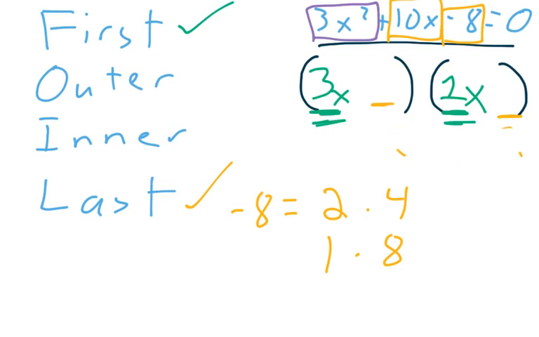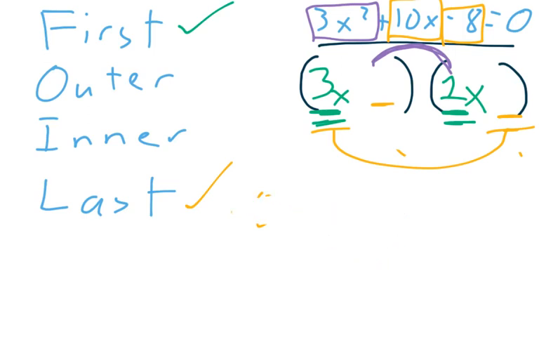So, basically, we multiply the two numbers that are on the outside, and we multiply the two numbers that are on the inside, and we add the answers together. So we have to think about how we end up getting the number 10, as well as how we're going to get the number -8.